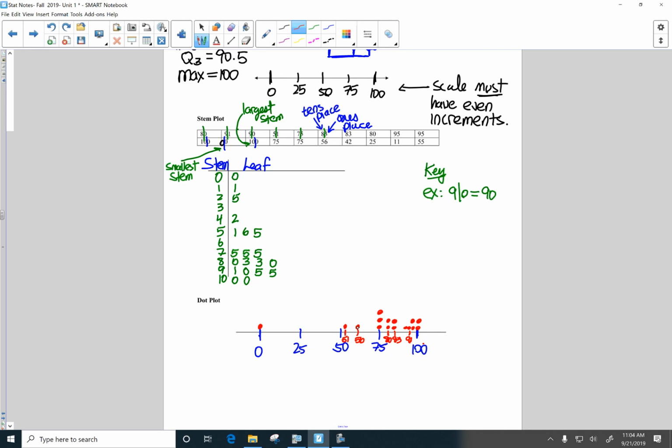Just estimating where I think it is. 42, same deal. Right about there, I guess. 25, that's one of my benchmarks, so that's fine. 11, there's nothing in the neighborhood of 11, so I could just plot that. I don't even have to label it. And then there's a 55, which I know is just going to be a little bit west of the 56.